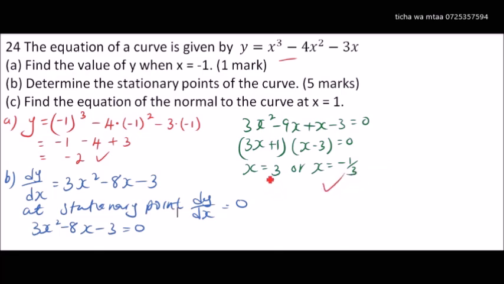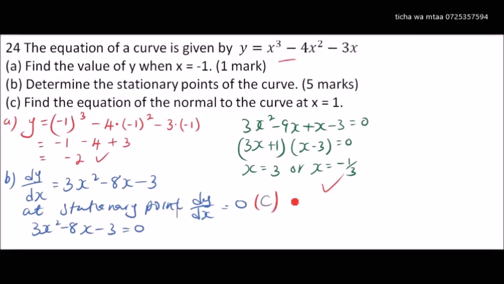Then we got part C. Find the equation of the normal to the curve at x is equal to 1. Since we have already calculated the gradient, we find dy over dx by substituting the value of x by 1.